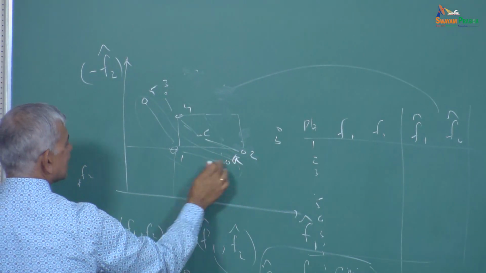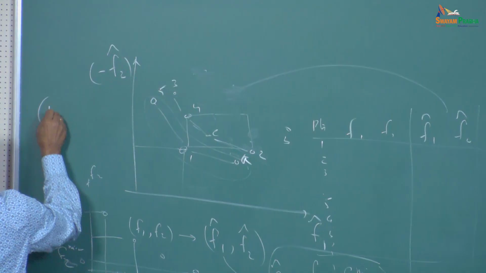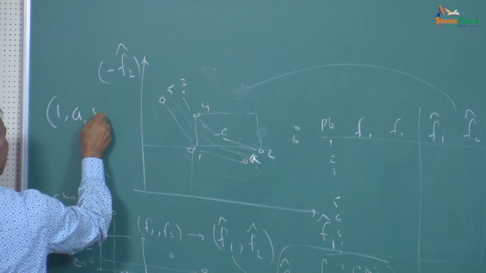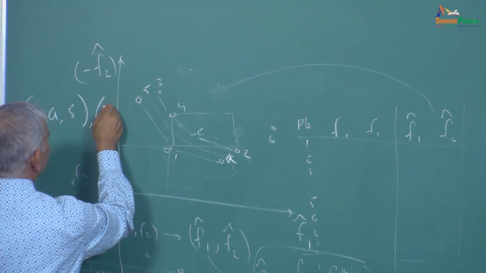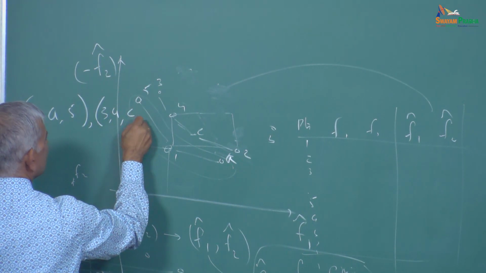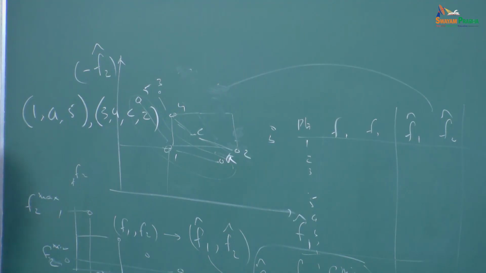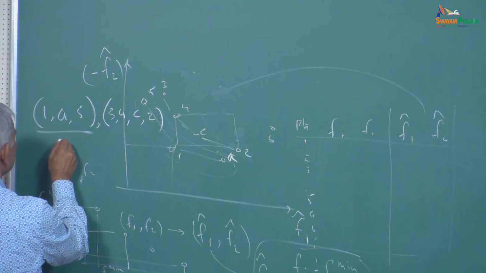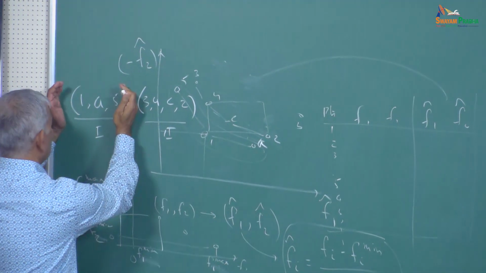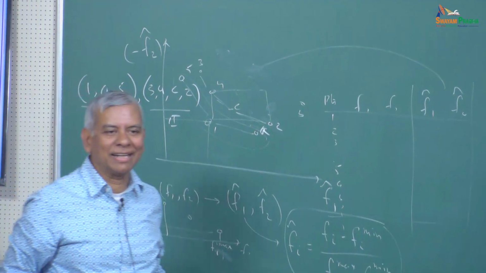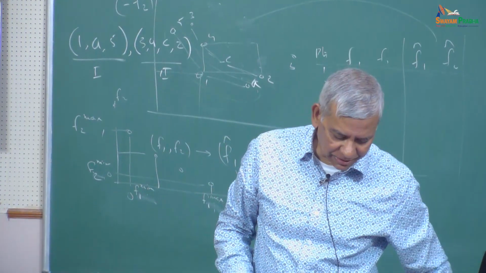So this is A, 1, 5, so it will be (1, A, 5), this is my first rank class, comma, we have (3), comma (4), comma (C), comma (2). So this is how I do the ranking. The first one first, this is class 1, then class 2, with the comma, and so on and so forth, and all the points in the same class, put them in a bracket. So like that you can write it here.